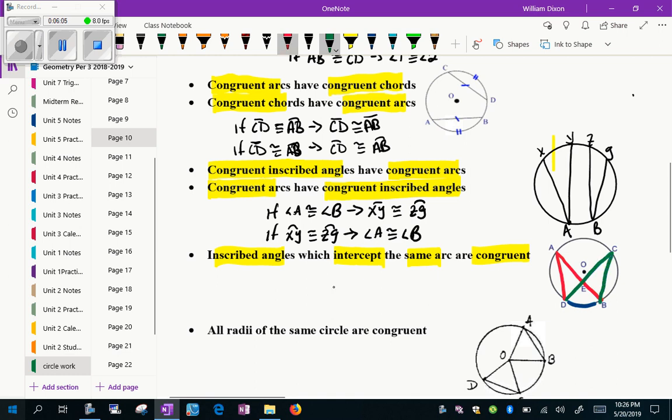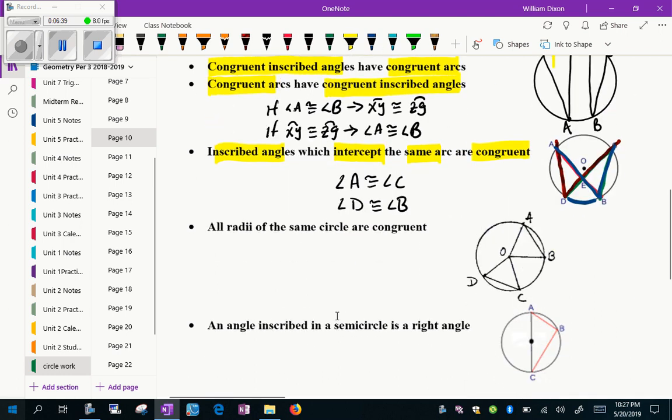And the other way, angle D and B intercept the same arc. Well, those are congruent. So just straightforward on this one, angle A is congruent to angle C, and angle D is congruent to angle B.